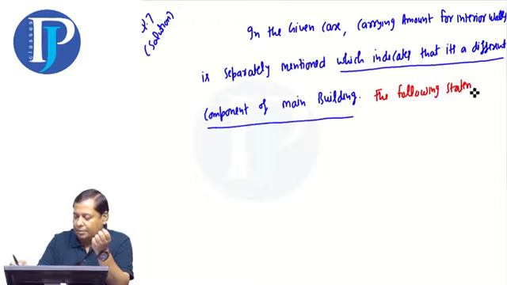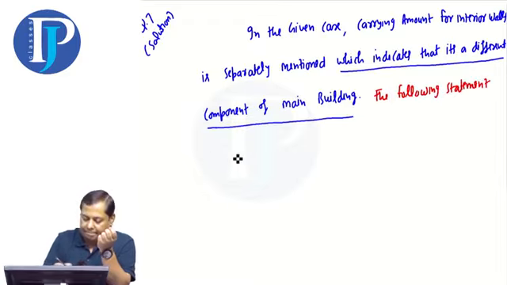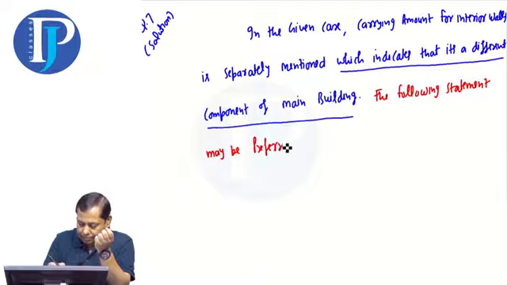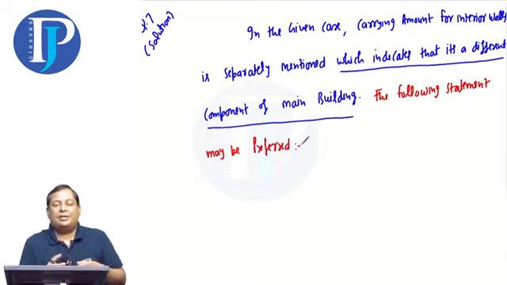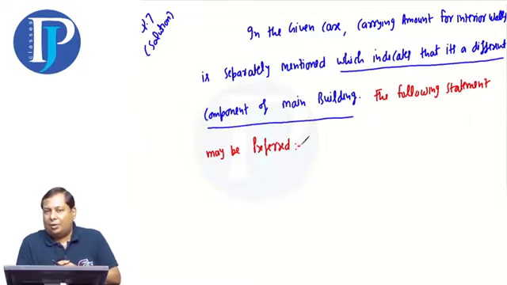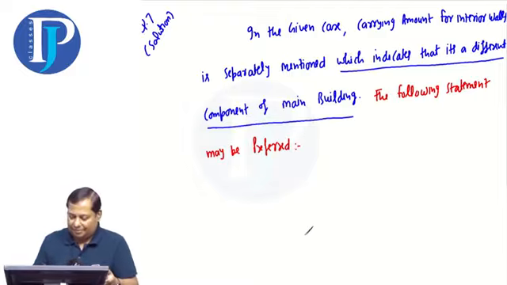When the question itself gives the carrying amount, what could be the bigger hint? When there's an integral component, it doesn't have individual carrying amount. It has overall carrying amount. So life is not an issue here. As carrying amount is given, half the task is done.